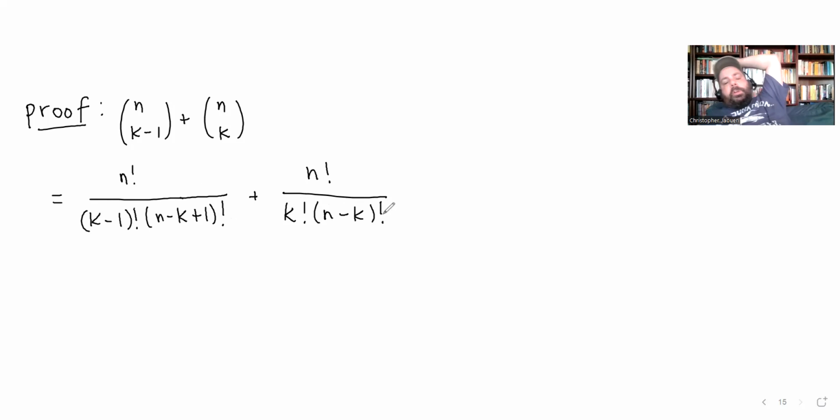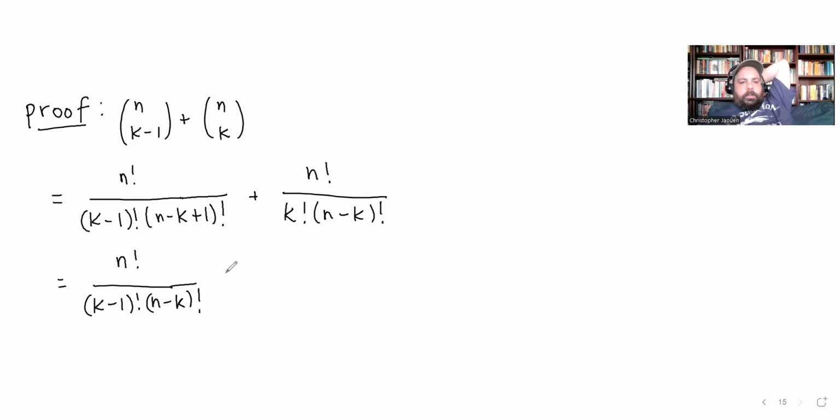And if I factor out the greatest common factor from both of the terms, we're left with 1 over n minus k plus 1 plus 1 over k, which we can put over the LCD to combine them.